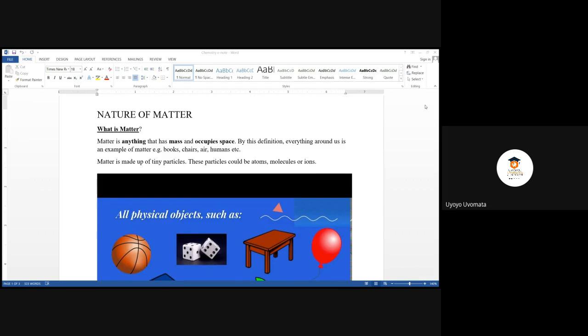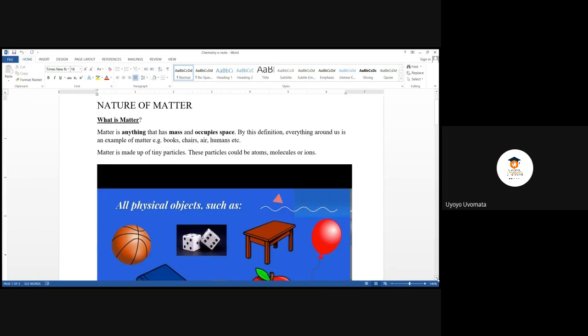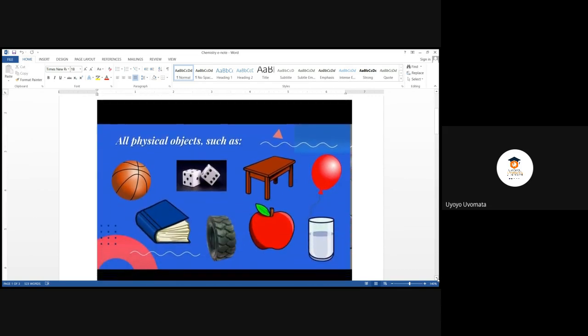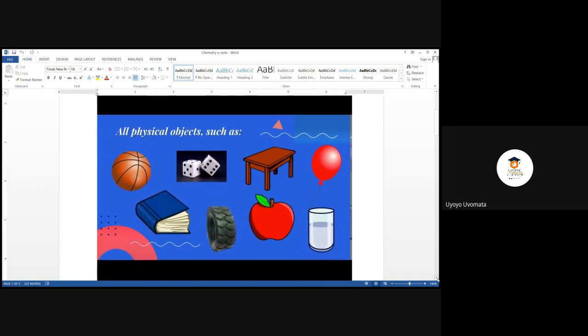You can see a basketball there. You can see a dice, a table, a balloon. There are other things you can also see there: a book, a heavy duty vehicle tire, an apple fruit, and then a cup.